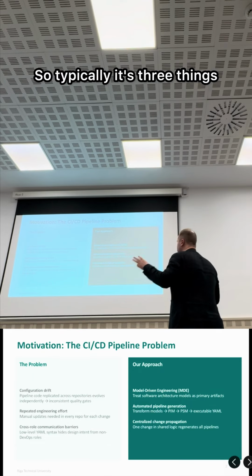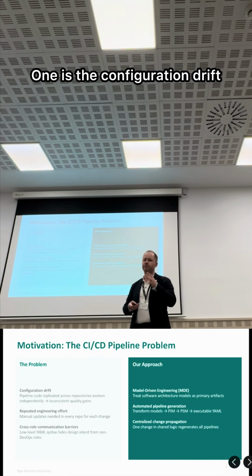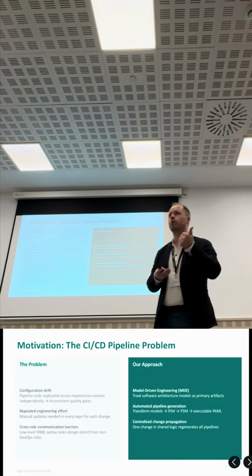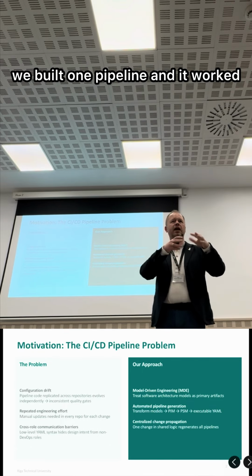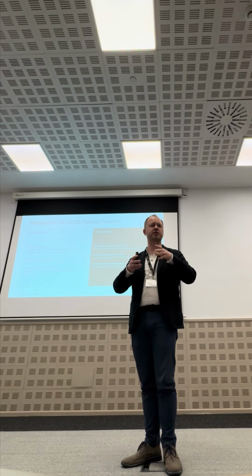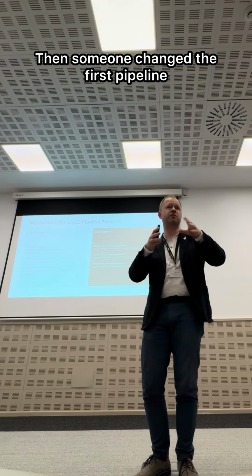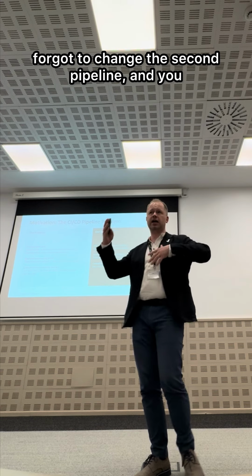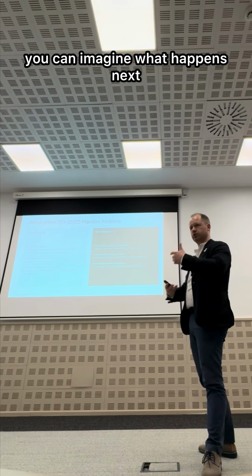So typically it's three things. One is the configuration drift, which is we built one pipeline and it worked. We built another similar pipeline, it worked. Then someone changed the first pipeline, forgot to change the second pipeline, and you can imagine what happens next.